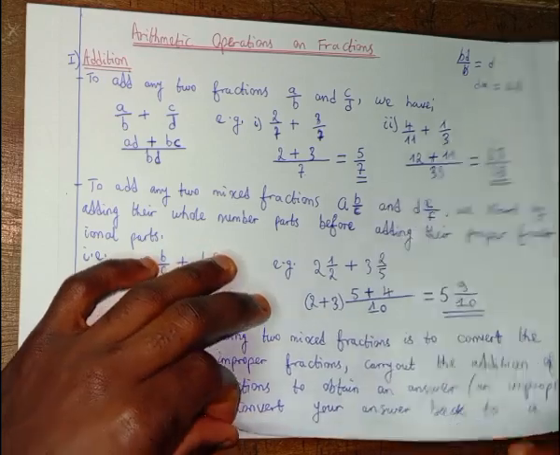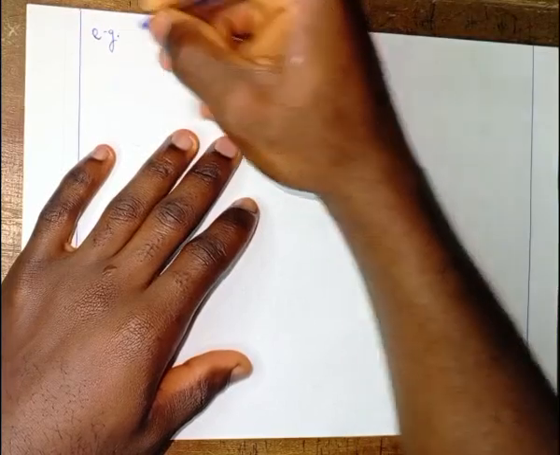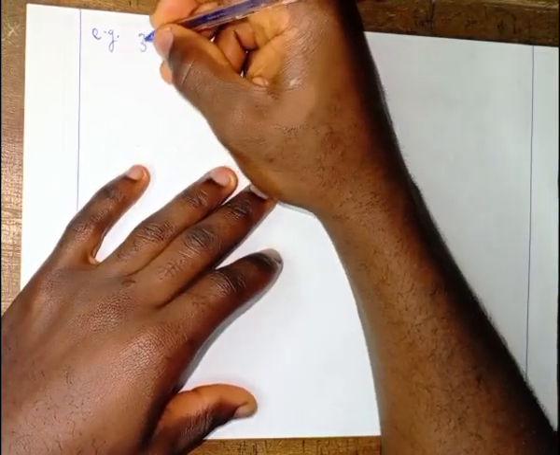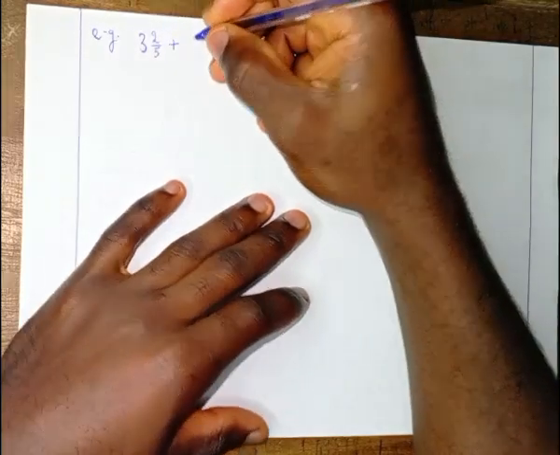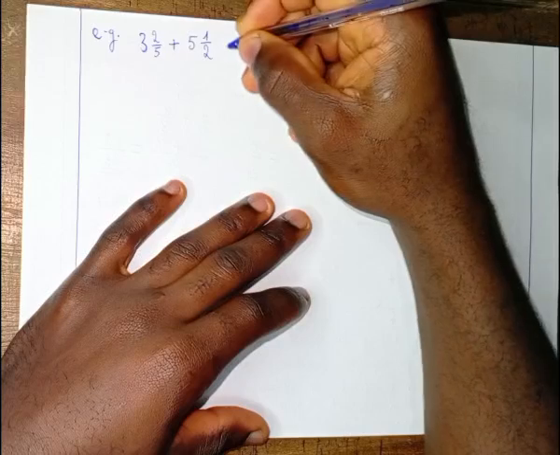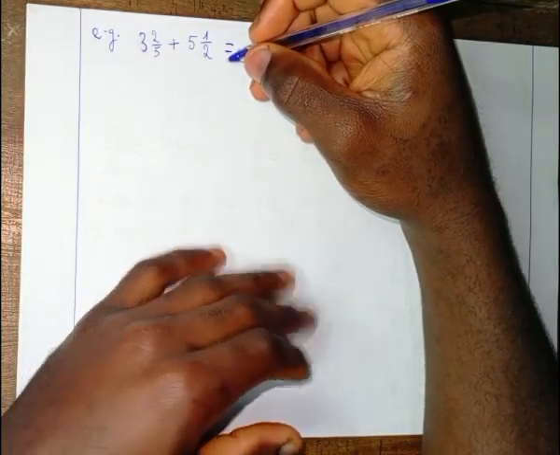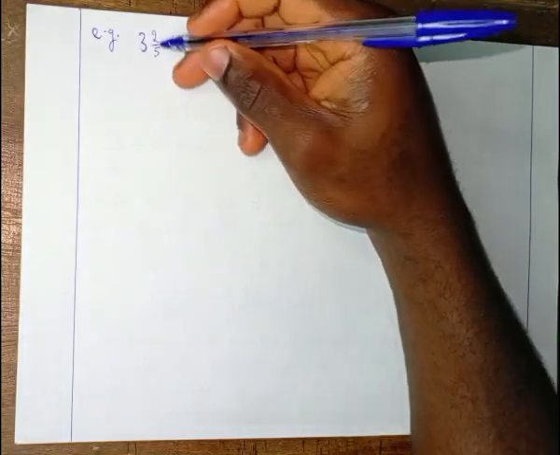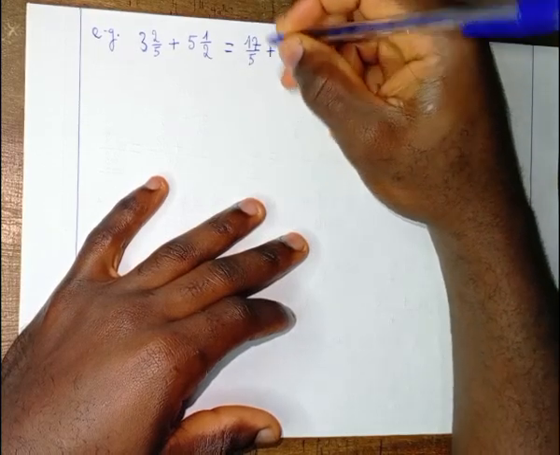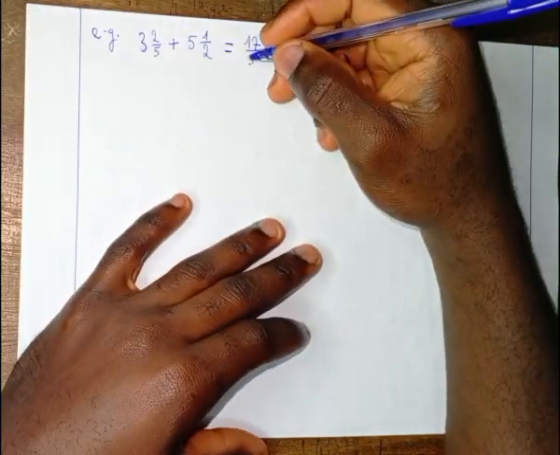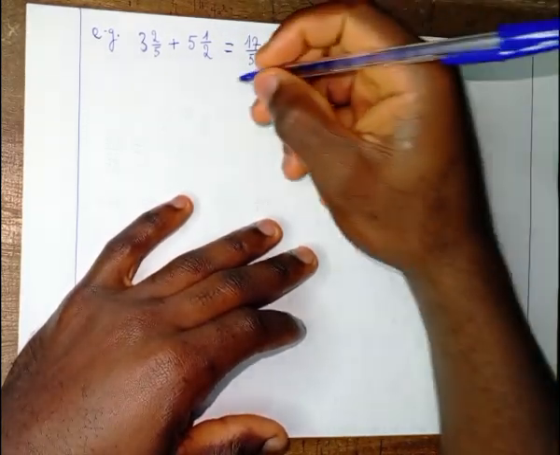Now let's take an example on this. E.g., we have to add the following mixed fractions: 3 and 2/5 plus 5 and a half. This will simply be equal to, we are going to convert these mixed fractions to improper fractions. 5 times 3 gives us 15. 15 plus 2 gives us 17 all over 5, plus 2 times 5 gives us 10. 10 plus 1 gives us 11 all over 2.